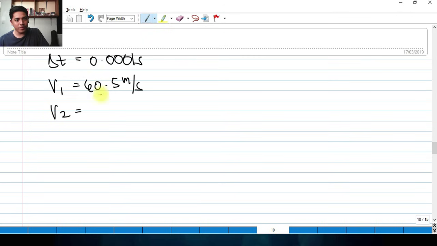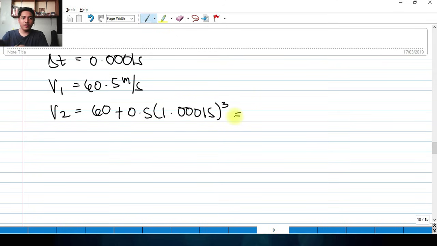Our V2 now should be 60 plus 0.5 times 1 plus this delta t, 1.001 seconds cubed. So 60 plus 0.5 times 1.001 cubed. That should be 60.5, or oops, 2 zeros only.